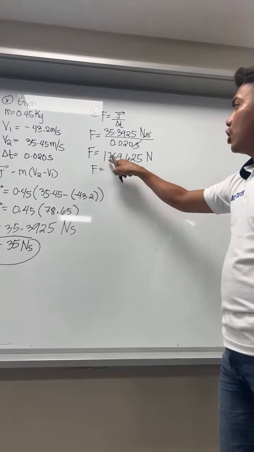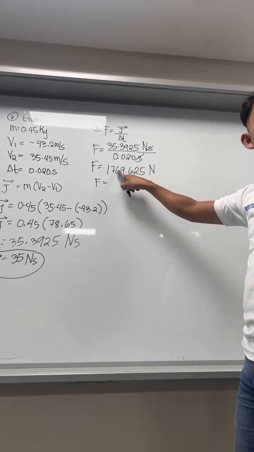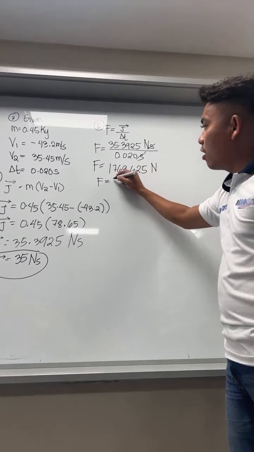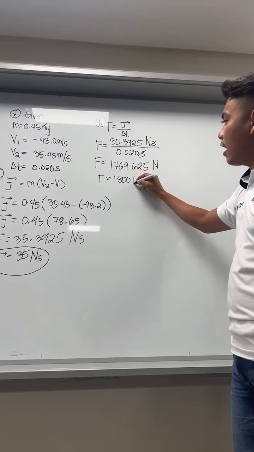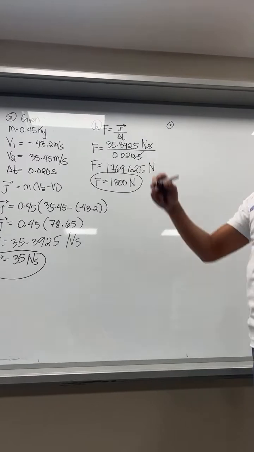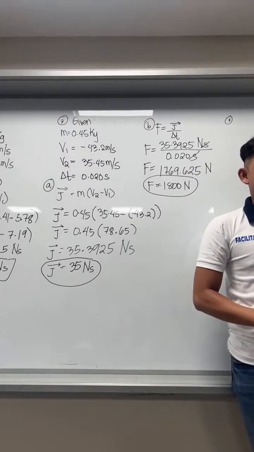So, 1, 2, and the next digit is 6, so round up. It becomes 1,800 Newton. And that is the answer for problem number 3, both A and B.